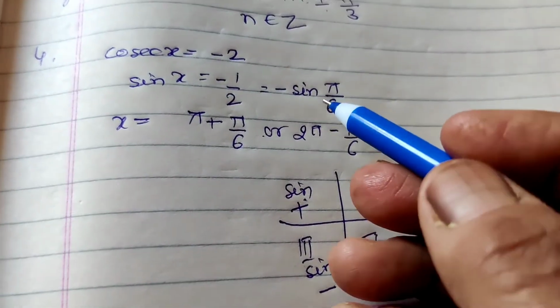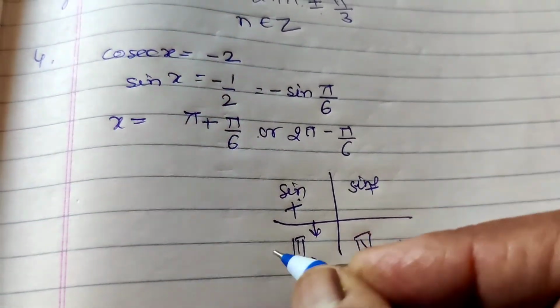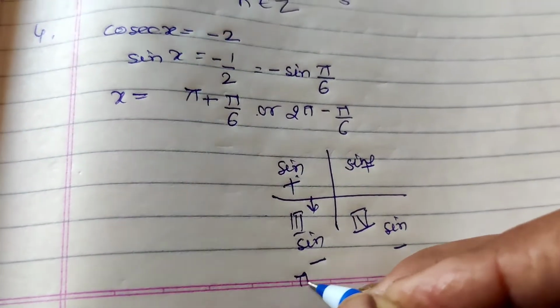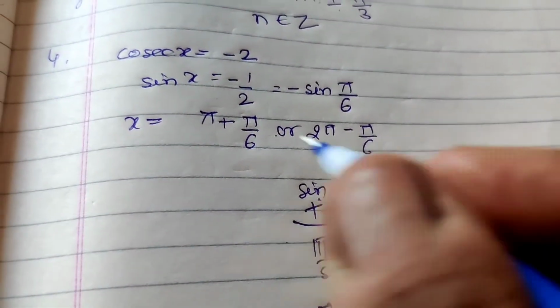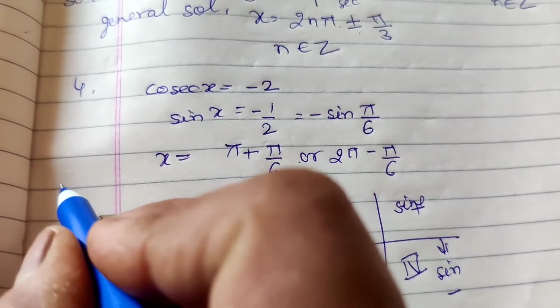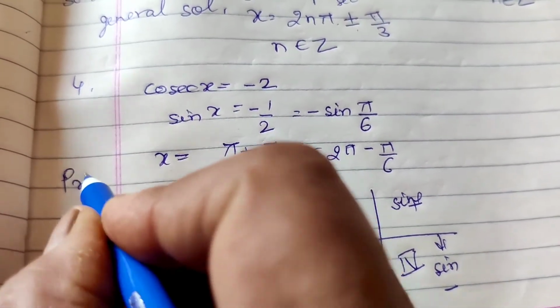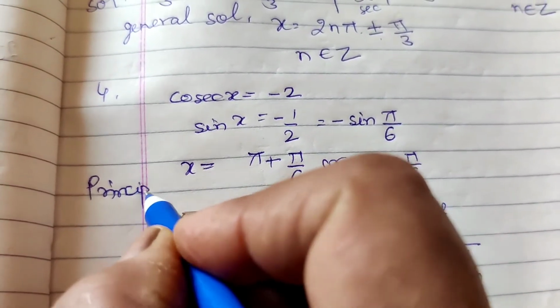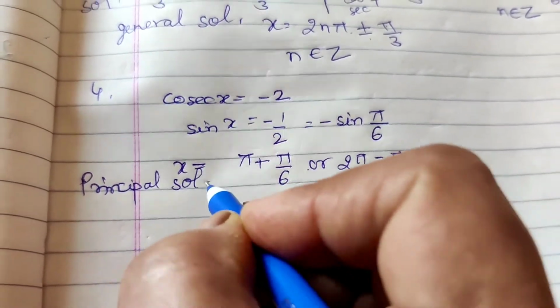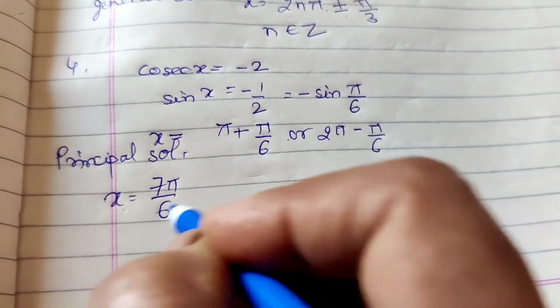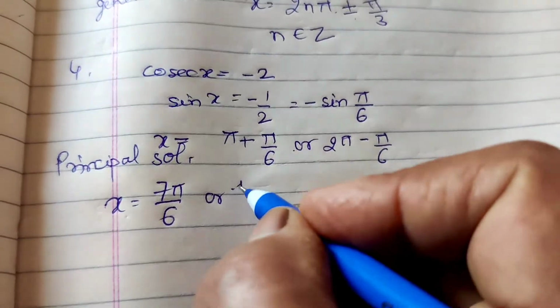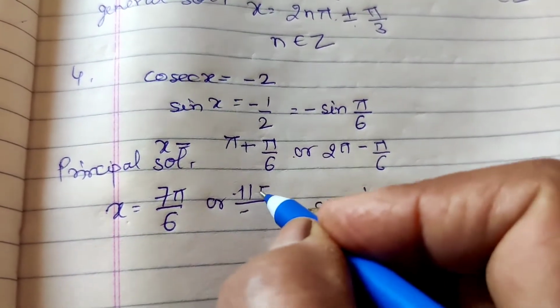So pi plus pi by 6 lies in the third quadrant, and 2 pi minus pi by 6 in the fourth. These are the principal solutions: x equal to 7 pi by 6 or 11 pi by 6.